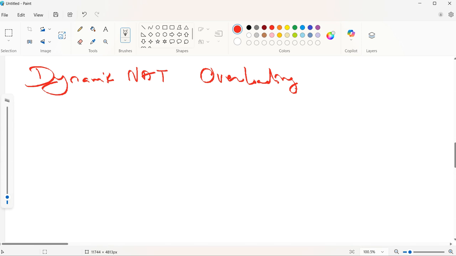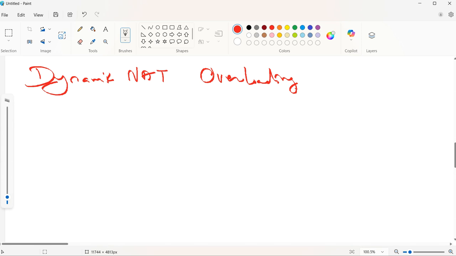Dynamic NAT is where you have a pool of addresses, and only that many can go online at a given time. If I have 3 addresses in the pool, only 3 at a time can go online, and the others have to wait until someone releases an address.